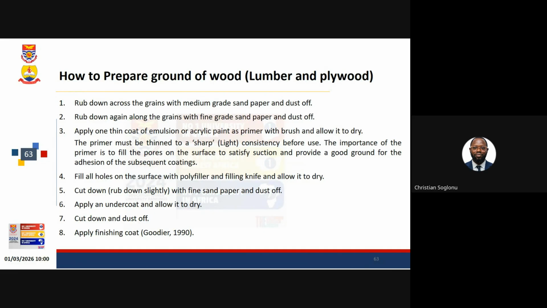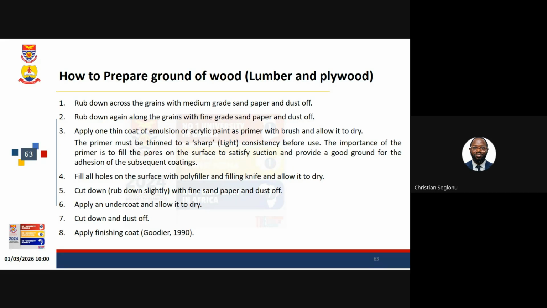Then later on, you dust off. That is, you clean the dust from the surface. It says rub down again along the grain with fine grade sandpaper and dust off.